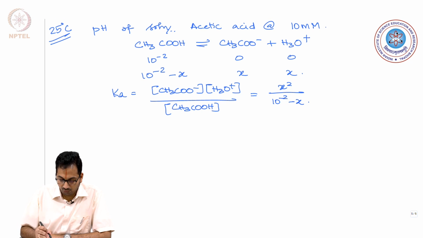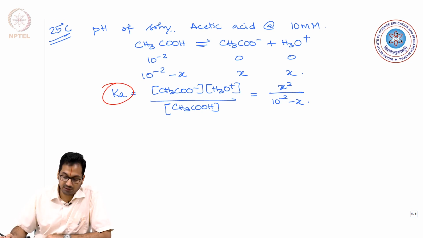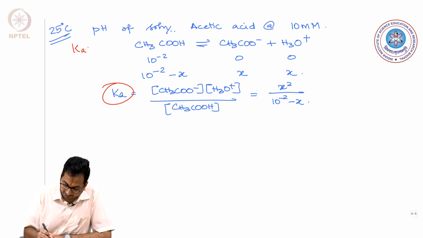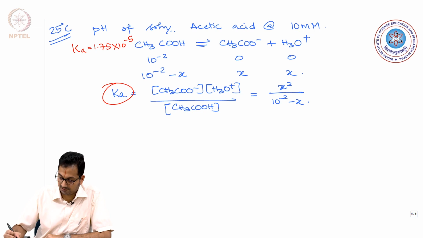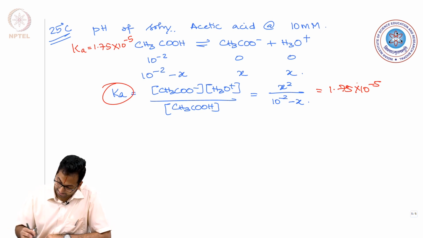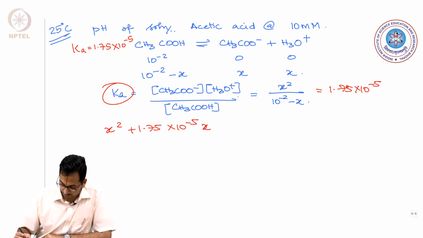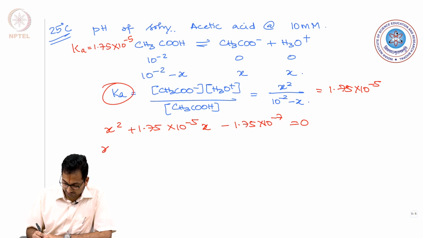So now if we know the Ka of acetic acid, we should be able to determine what is indeed the pH. So let's quickly calculate that. It is given that Ka of acetic acid is 1.75 in 10 to the power of minus 5 units. Okay. So now that is done, let's determine what is x. So quick rearranging gives us x.